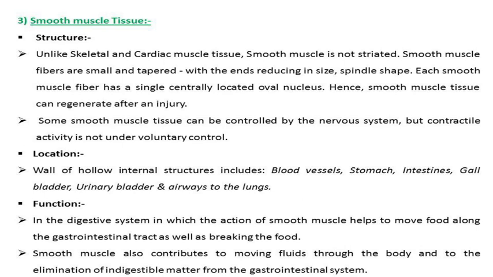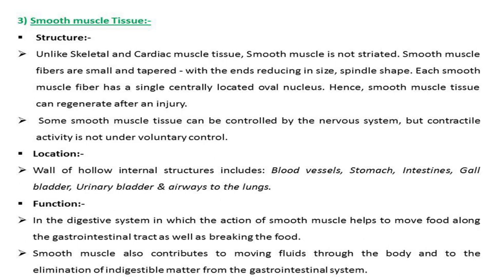Smooth muscle tissue can be influenced by the nervous system, but its contractile activity is under involuntary control. Location: all of the hollow internal structures, including blood vessels. Also, various parts of the digestive system, including stomach, intestine and bladder. It is also present in the excretory system, including the urinary bladder, and the airways of the lungs.